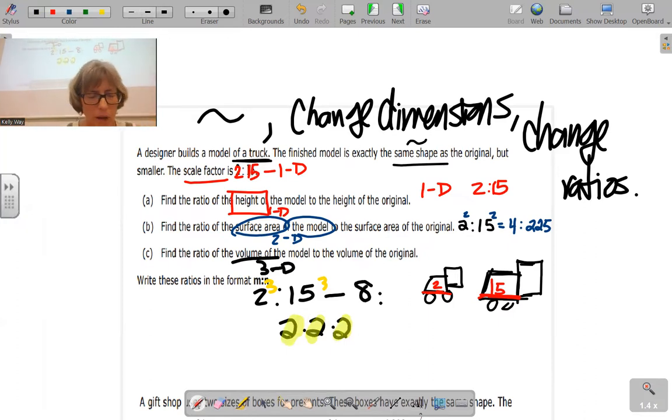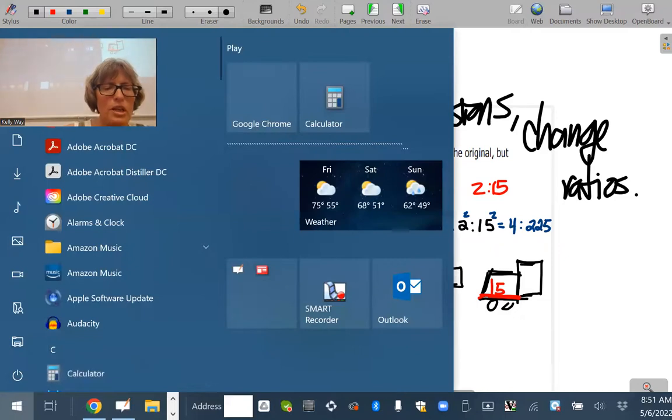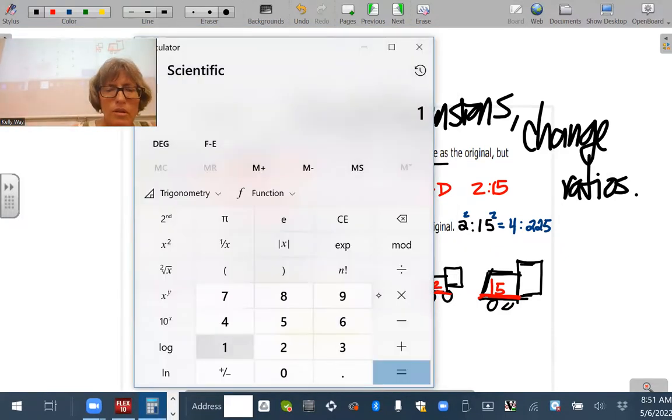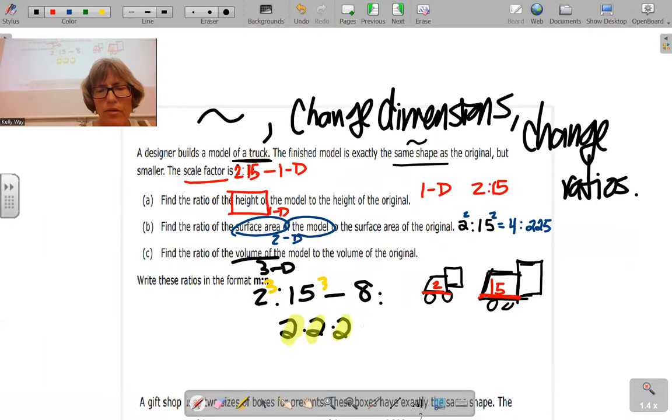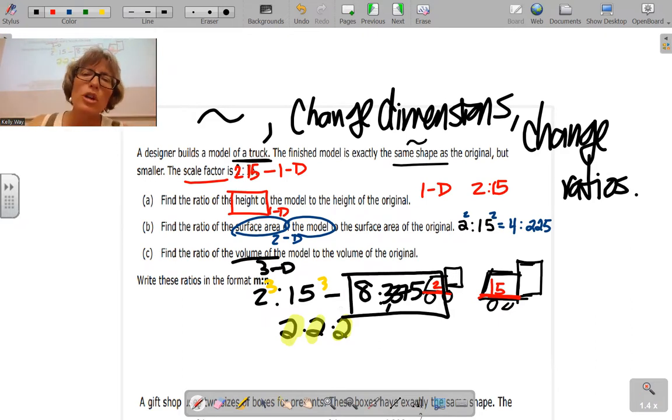And yes, you may grab a calculator for 15 cubed. 15 times 15 times 15 is 3375. So the ratio of the area and the volume changes with the dimensional exponents there.